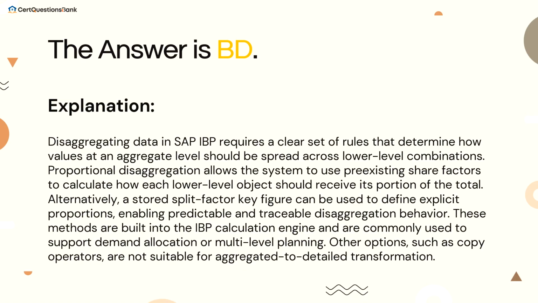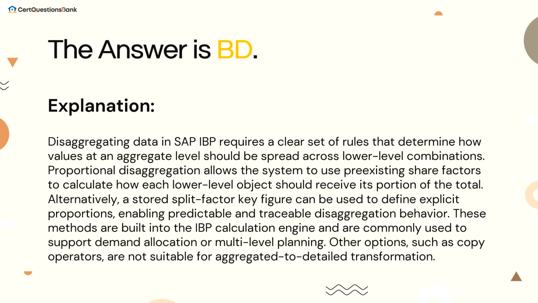Disaggregating data in SAP IBP requires a clear set of rules that determine how values at an aggregate level should be spread across lower-level combinations. Proportional disaggregation allows the system to use pre-existing share factors to calculate how each lower-level object should receive its portion of the total.